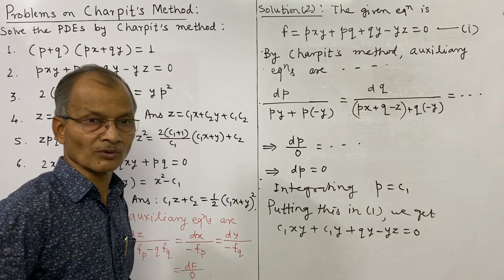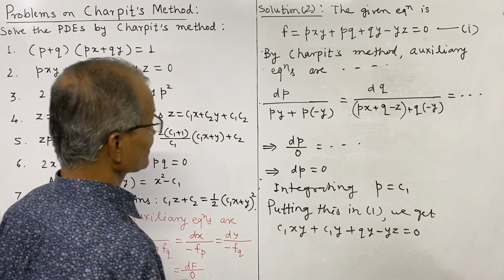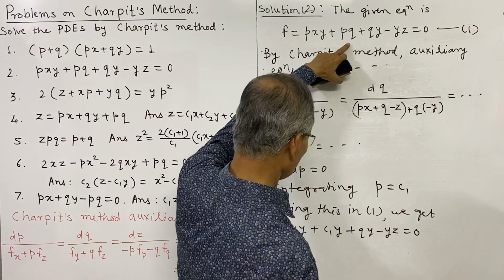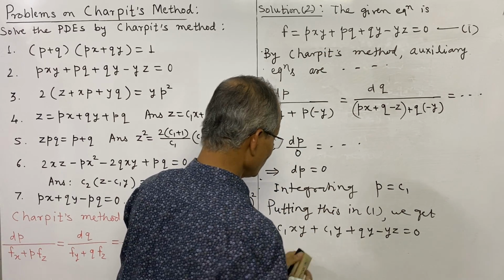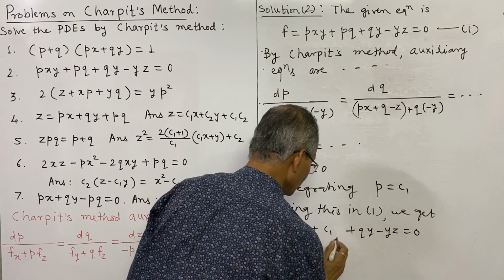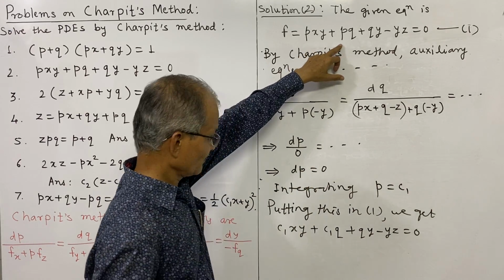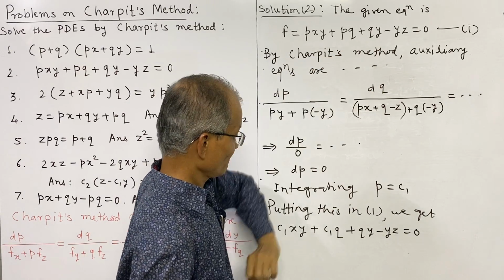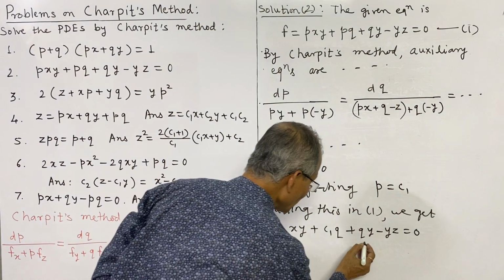We want the value of q, and therefore see, we have to consider the second, which is p into q. P is c1, and c1 into q must be there. Verify this. P is c1. Yes. And now we want to get the value of q.